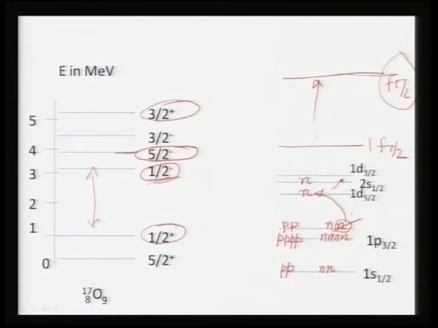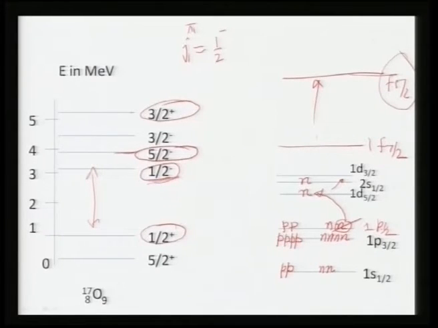Now, you have 3 unpaired neutrons. One unpaired neutron in this p 1/2, this is 1 p 1/2. Another unpaired neutron is here in d 5/2 and another neutron is here in s 1/2. So, you have 3 unpaired neutrons. So, what is J1? J1 is equal to 1/2, and let us write parity also: 1/2 minus, p 1/2.